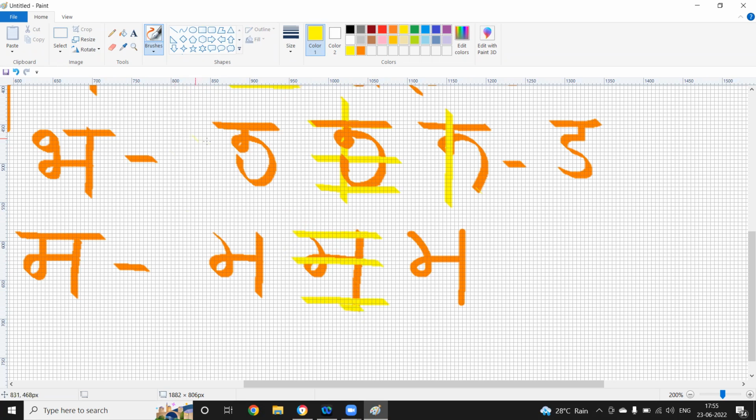It usually fits within the lines. I just extended the line a little bit. Here, this is how it should look. This is ma.